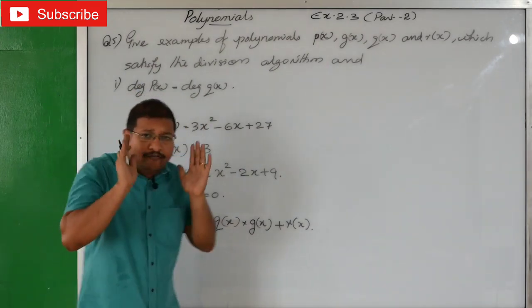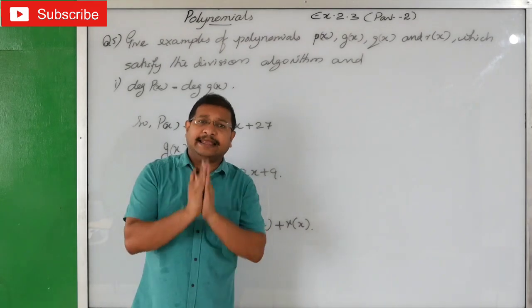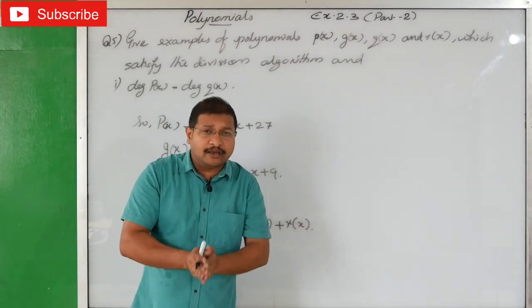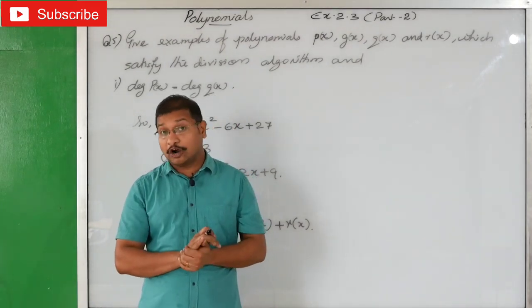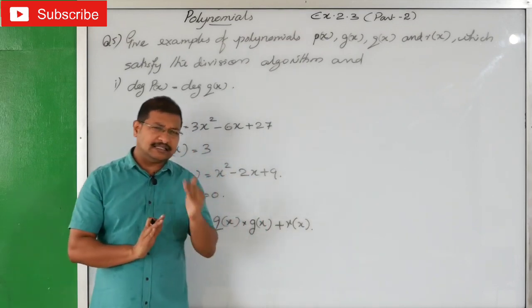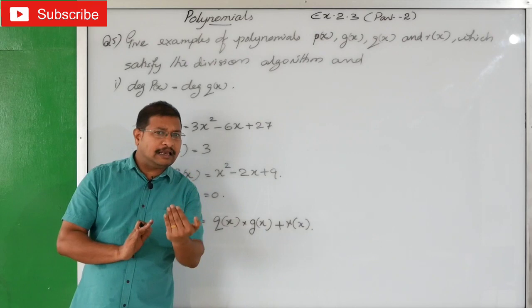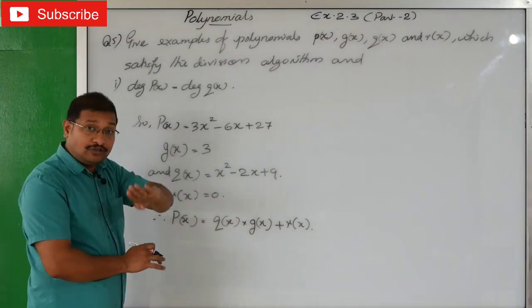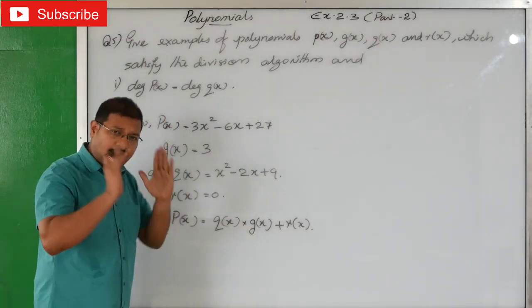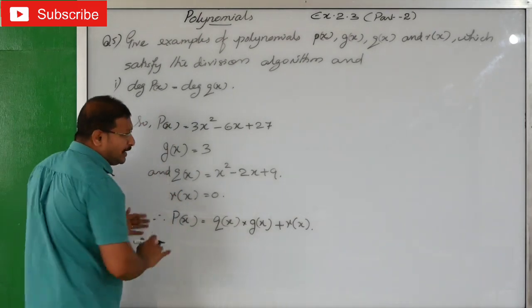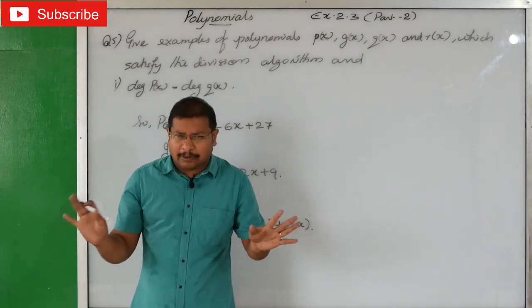We know that degree of a polynomial means it is the highest power of a variable in a polynomial. That is called degree. Ready? Here we have to see that dividend and divisor should have the same power. That's what you can use any examples.